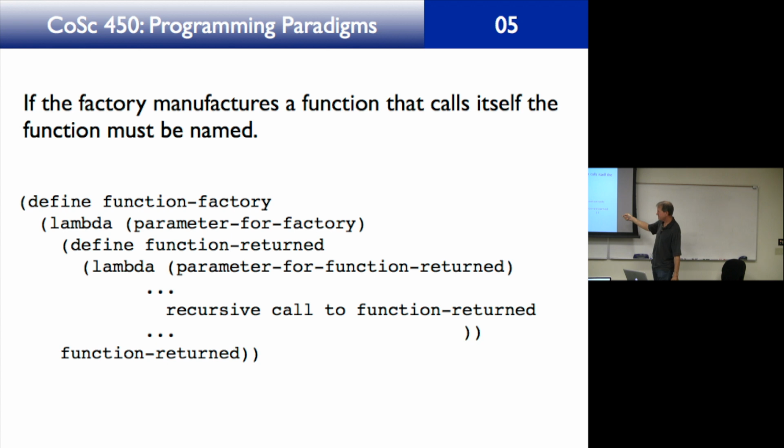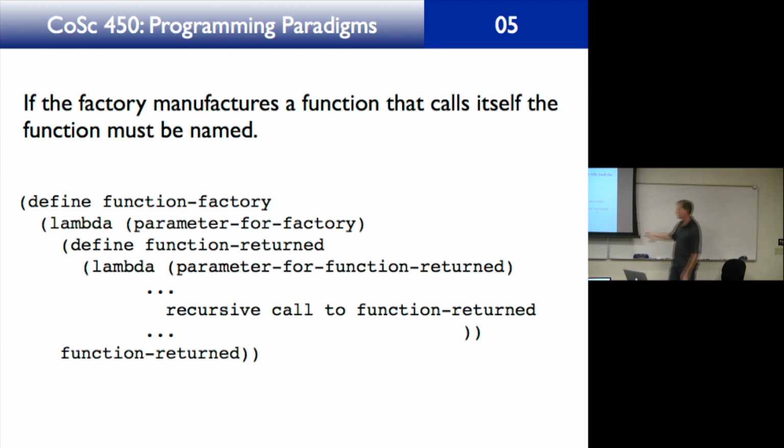Okay. And now instead of having a lambda, what we do is we have a define. So we say define function returned. And then the lambda, and then parentheses, and then the parameter for the function returned.